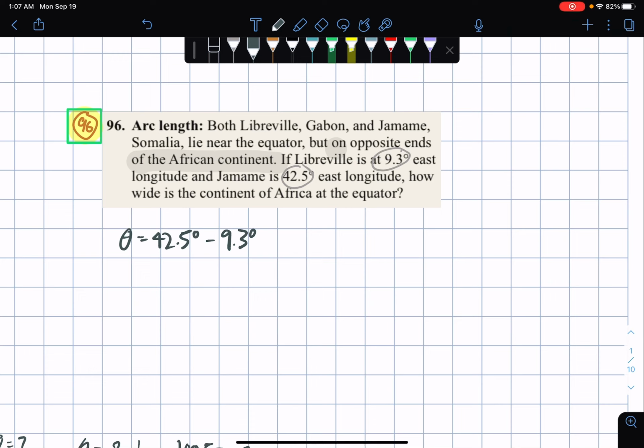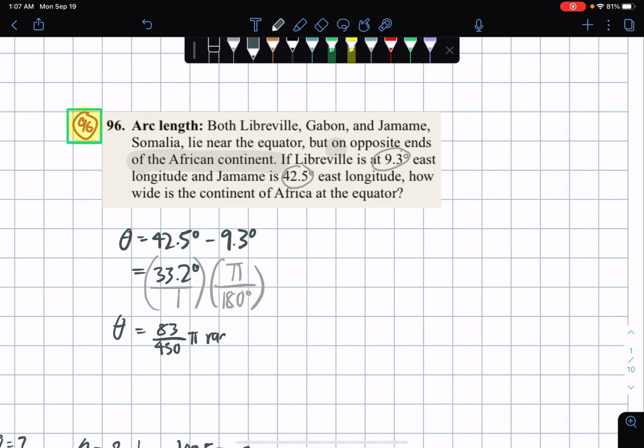So 42.5 minus 9.3 is 33.2 degrees, and you convert the degree value into radians, so you get something like this. This is the actual value, 83 over 450 pi radians.